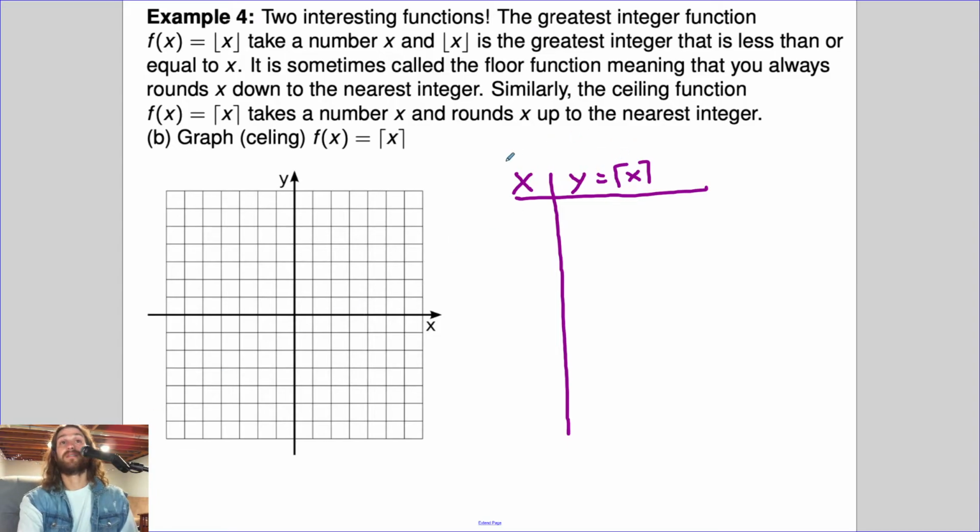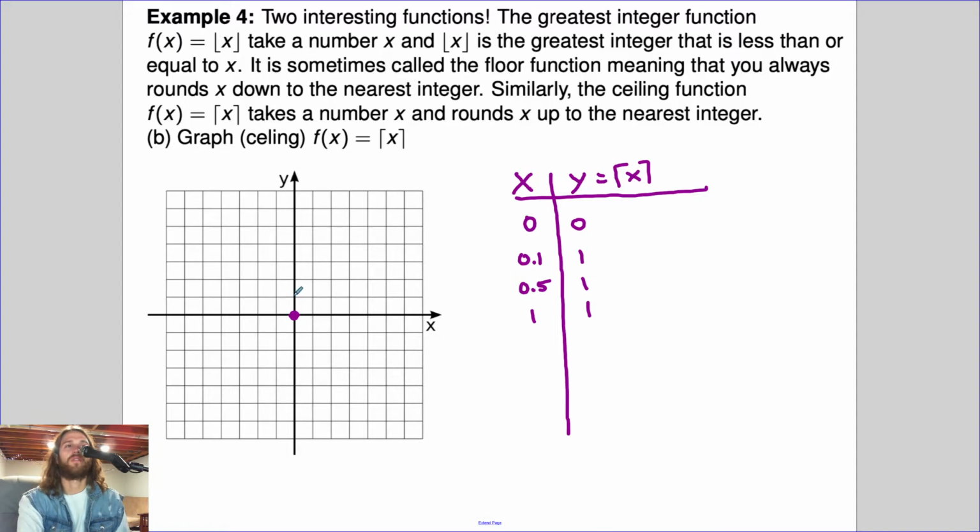The ceiling rounds up. If you're at 0, it stays at 0. If you're at 0.1, immediately to the right, it rounds up to 1. So it always is rounding up. 0.5 goes to 1. 1 goes to 1.